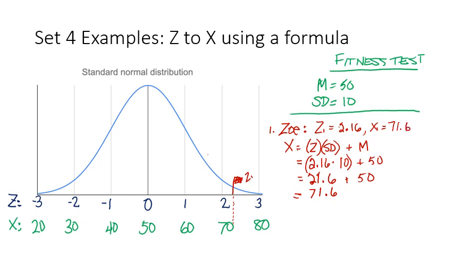Let's do one more with this formula. Let's use an individual, Andrew. Our second person, Andrew, had a z-score equal to -0.62. And we want to know what the raw score equals. We know we can plot it. -0.62 is going to be somewhere between 0 and -1.